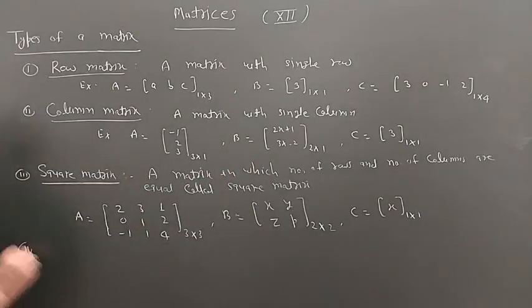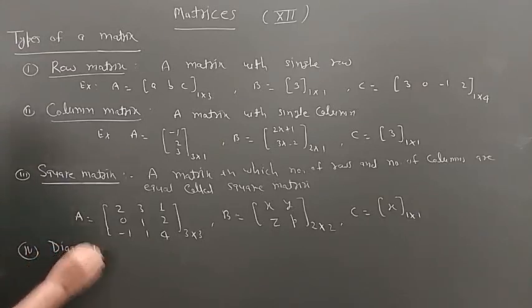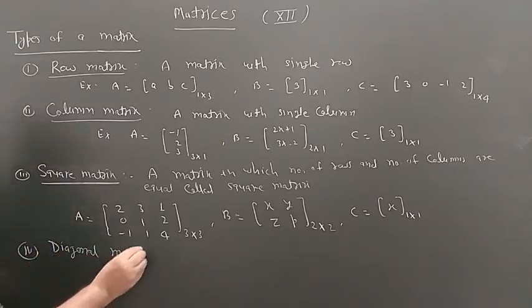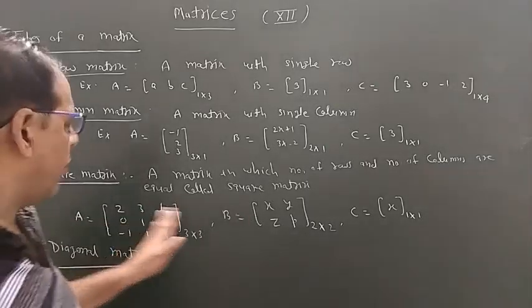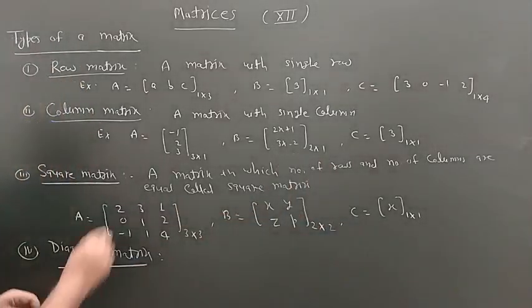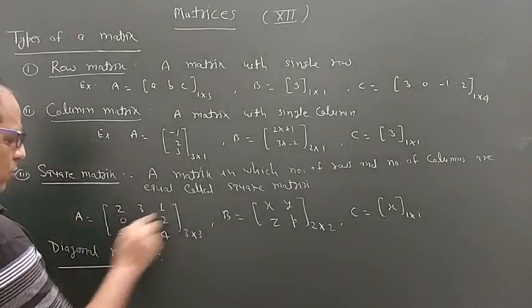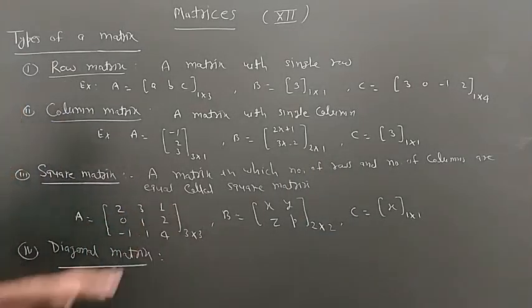Next, diagonal matrix. This is a square matrix, the overall example of a square matrix. Here 2, 3, 1 are the elements of the first row, 0, 1, 2 are the elements of the second row, minus 1, 1, 4 are the elements of the third row.